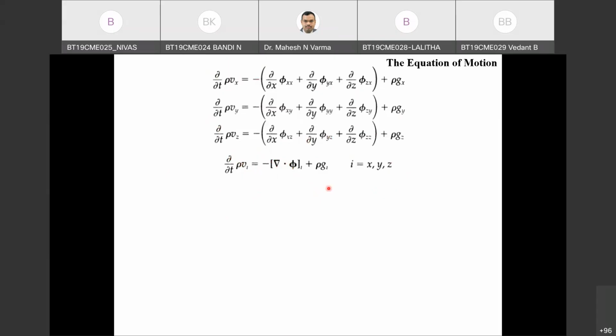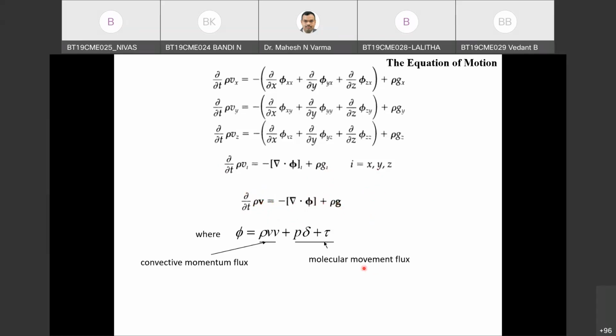Now this is the generalized equation: ∂/∂t of ρv, where bold v represents the vector, equals minus del dot φ plus ρg. Here the suffix is removed, and phi consists of three components.